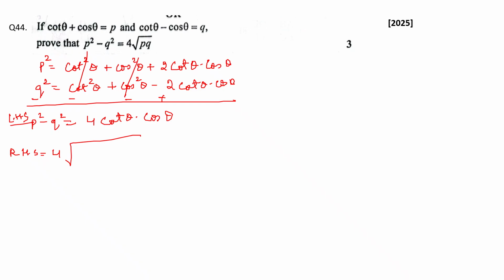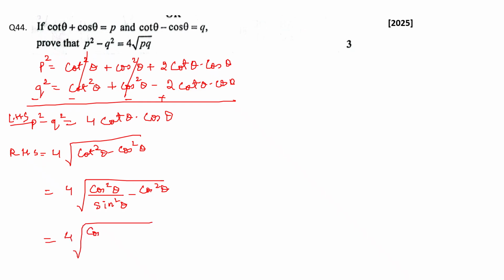So (cot theta plus cos theta)(cot theta minus cos theta) will be cot square theta minus cos square theta. So 4 times root of cos square theta by sin square theta minus cos square theta. So 4 times, take cos square theta common. So it will be 1 by sin square theta minus 1.